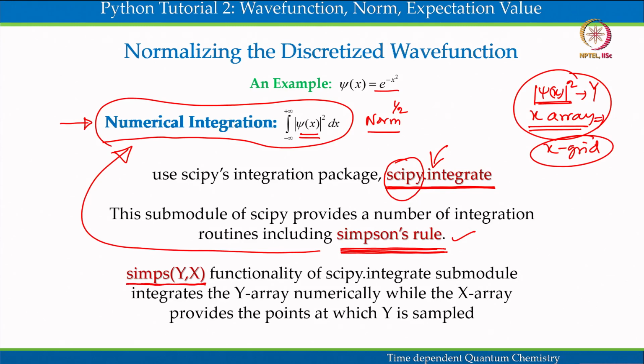Let us remind ourselves that when we used the plot functionality of pyplot, we used the plot(x, y) construct. Here, when we are doing numerical integration, imported from the SciPy integrate module, I have simps(y, x).